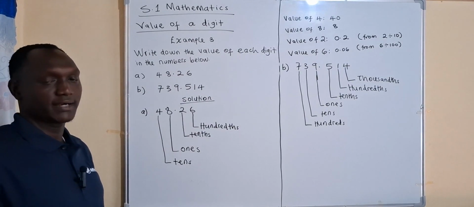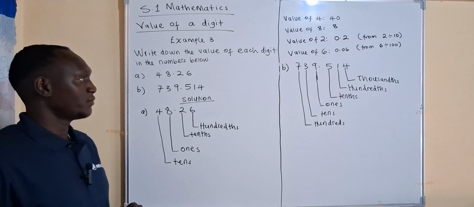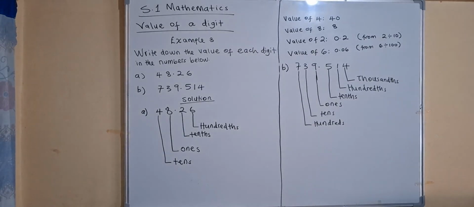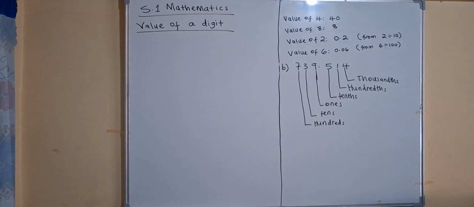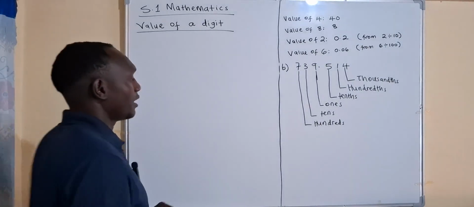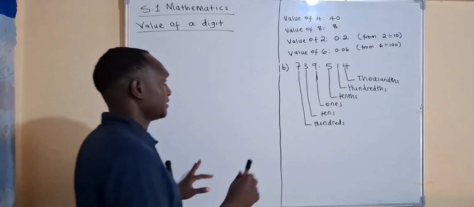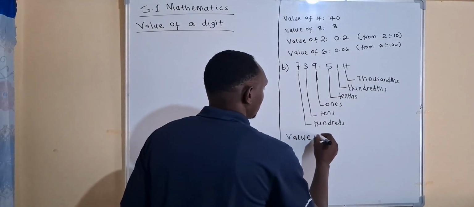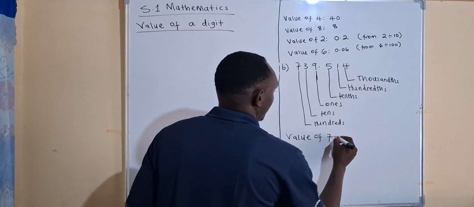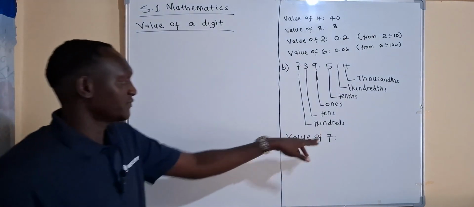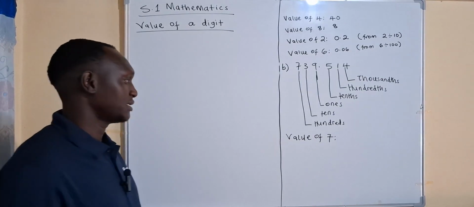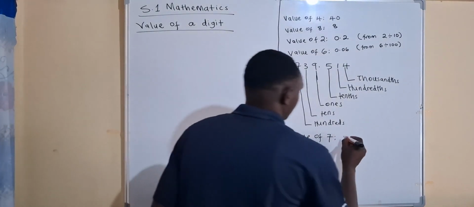So those are the place values for the digits in that number in part B. Now we are going to look at their values. And we shall start from 7. Value of 7. What is the place value for 7? Hundreds. 7 times 100 gives you 700.